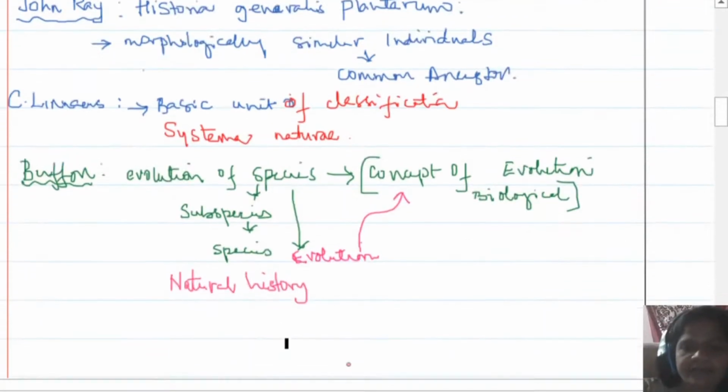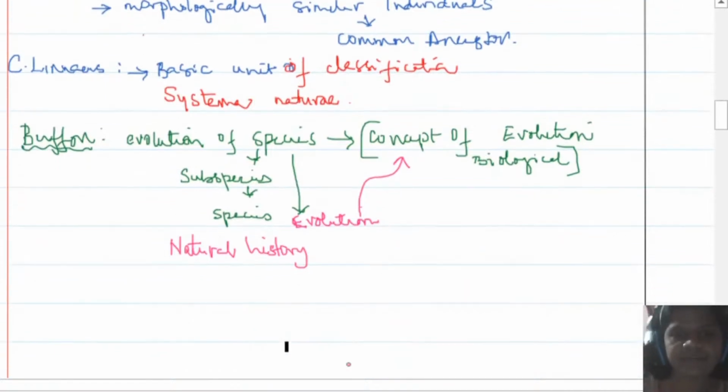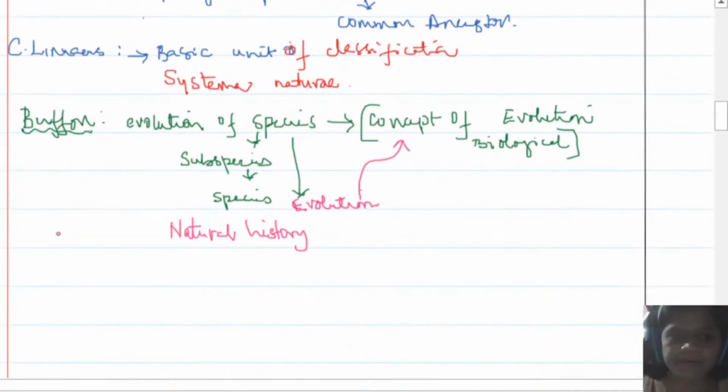Okay. These are the three guys: John Ray, Carlos Linnaeus, and Buffon. The fourth guy we all know, and maybe not like, but we all know is Charles Darwin. Now, what did he write, people? This you should know, right? He wrote Origin of Species.